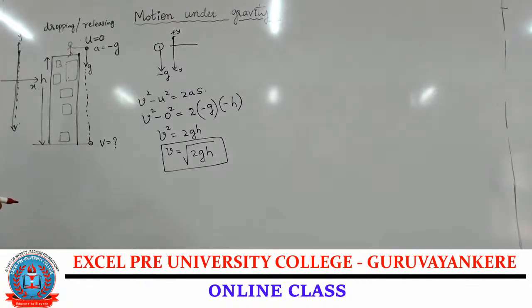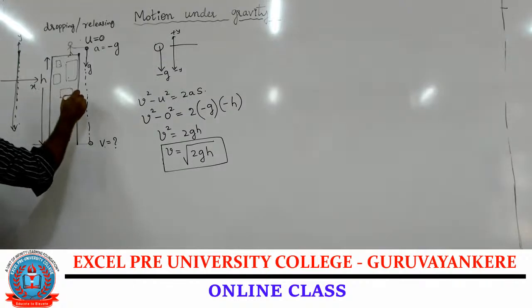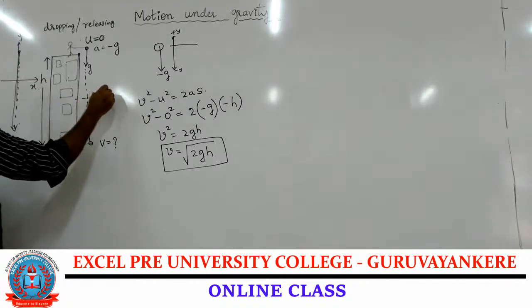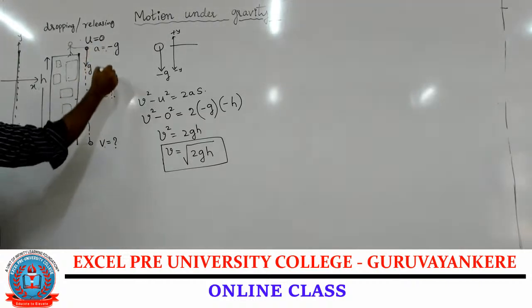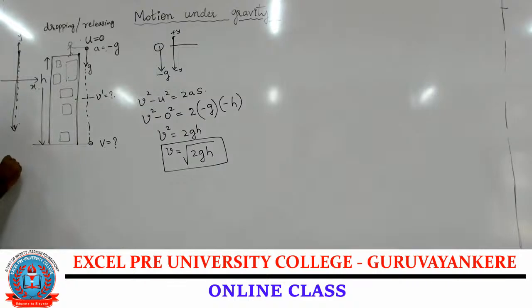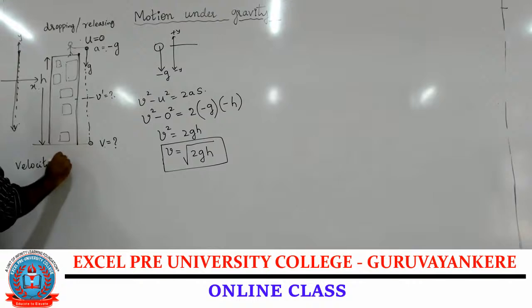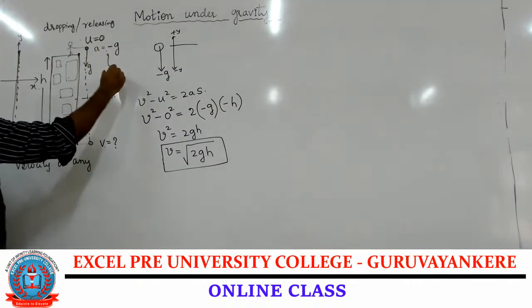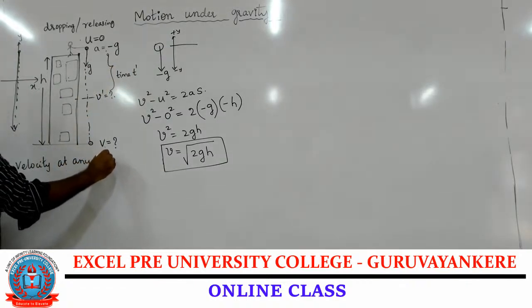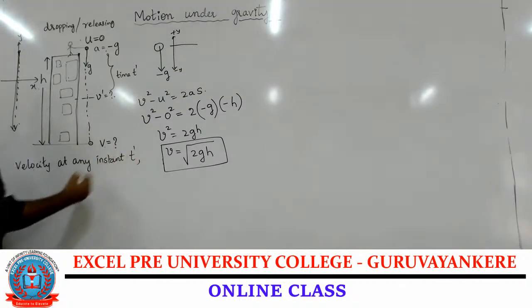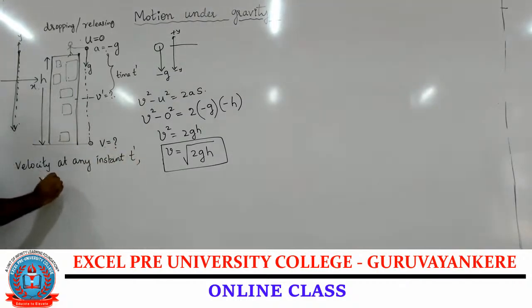Then what about the velocity at a given instant? Suppose I want to know v dash, what is the velocity v dash here? From here to here it takes time t to come down. So velocity at any instant t dash, from here to here it travels in time t dash, v dash is minus g t dash.